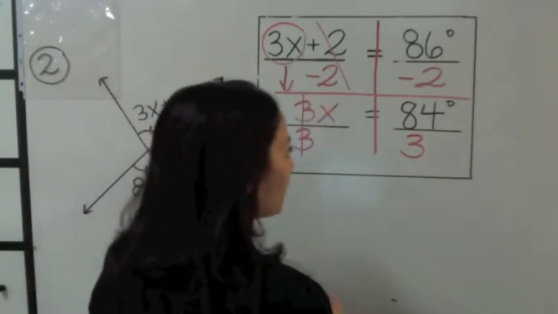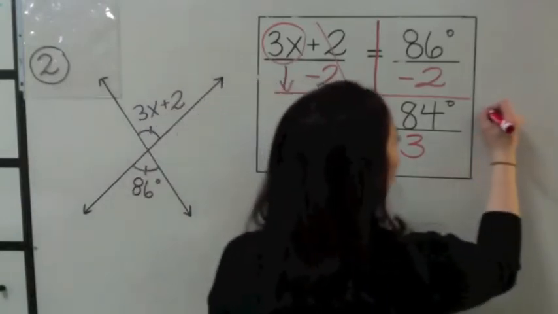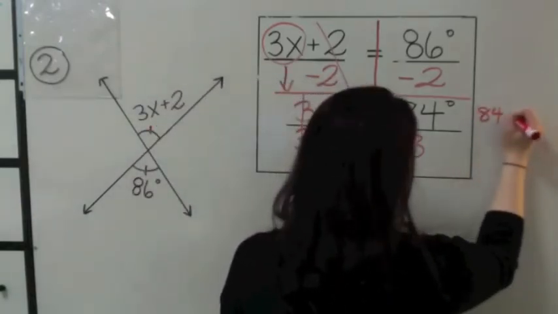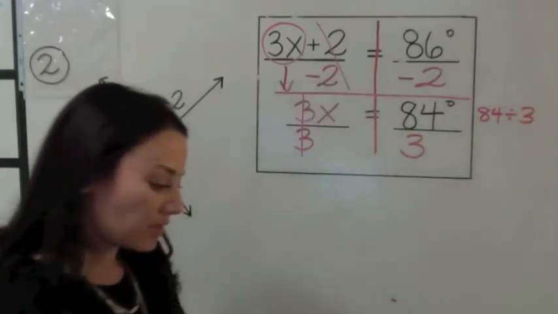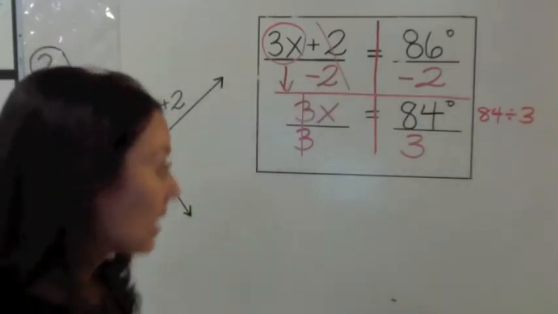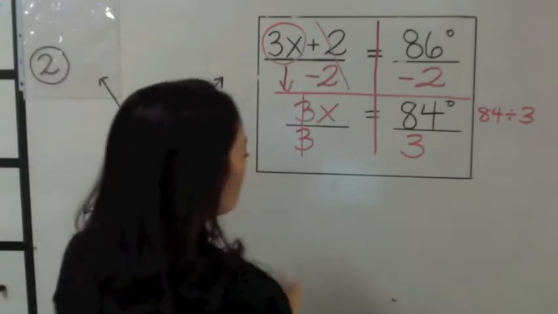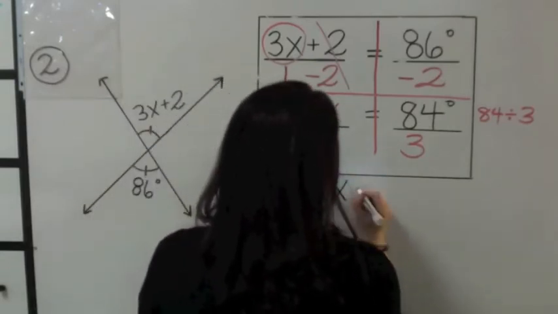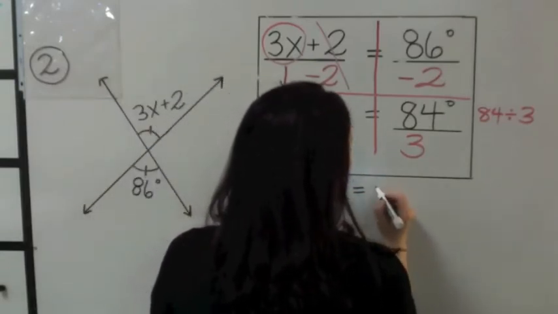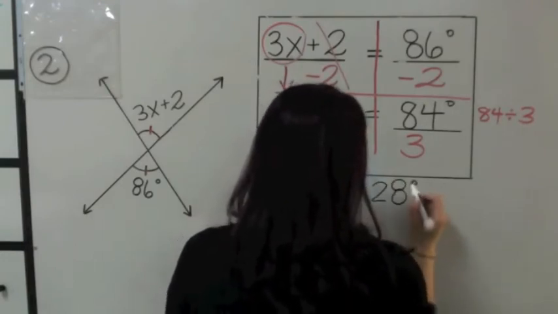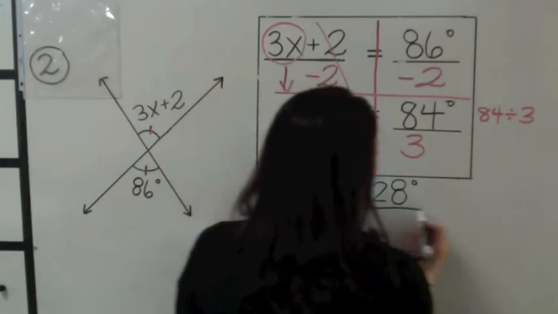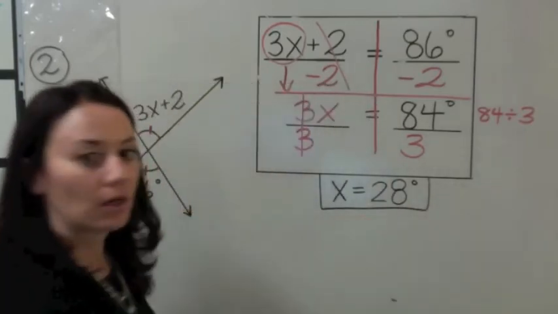And in your calculator, you're going to put 84 divided by 3. And tell me what you get. What's 84 divided by 3? It's 28. So here you're going to write that x equals 28 degrees. Okay? That's what's going to go in that little box. All right?